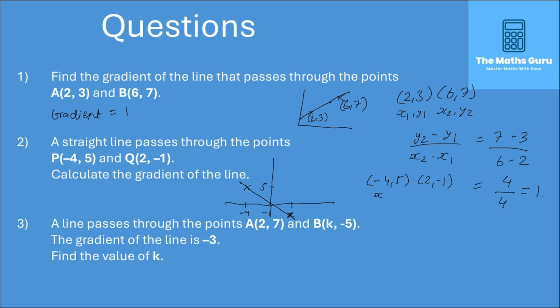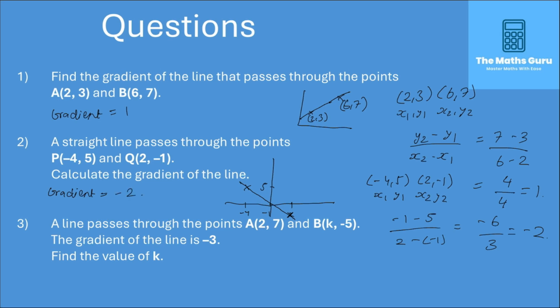We have x1, y1, x2, y2. We have the change in y, so -1 minus 5, over 2 minus -4, which is equal to -6 over 6, which is equal to -1. Hence the gradient is -1.